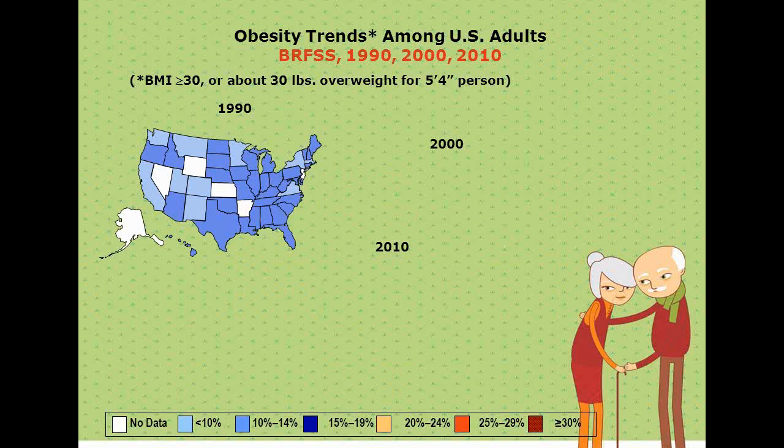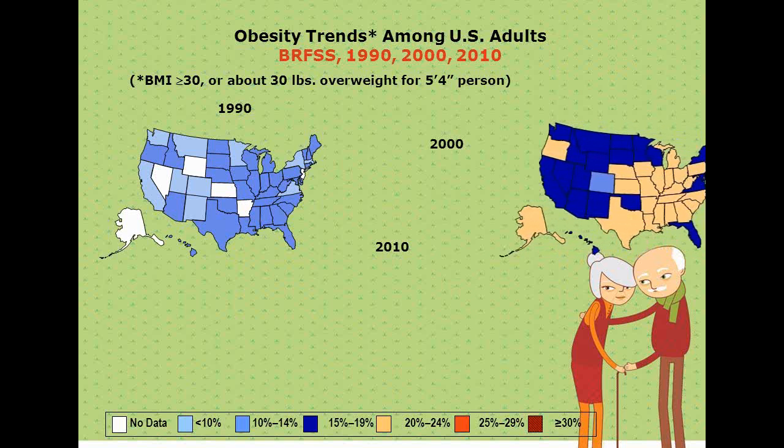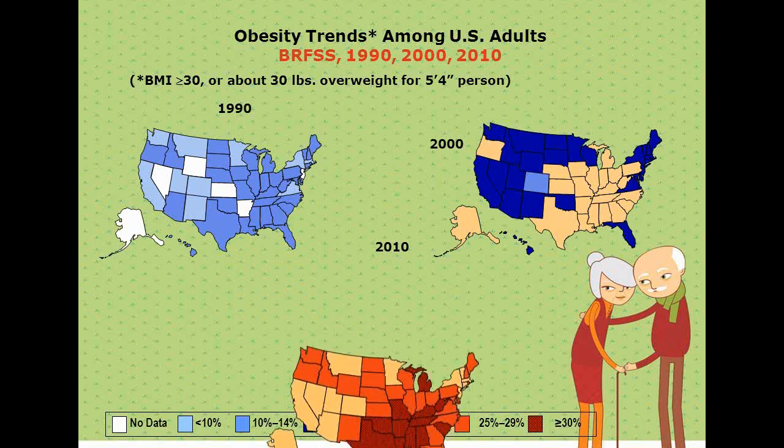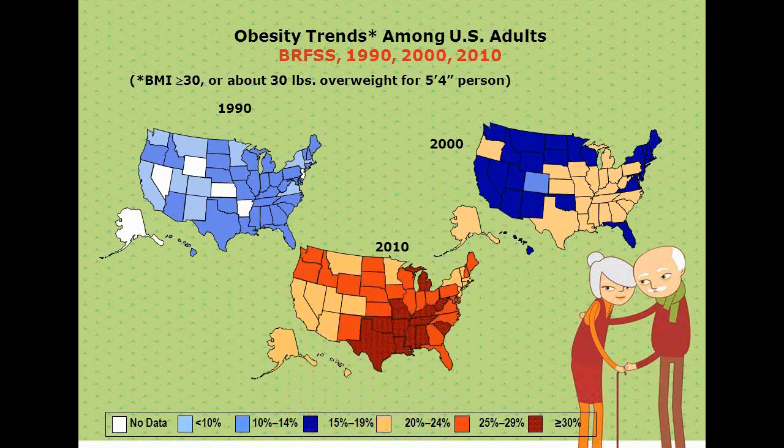As you can see here, in 1990, almost all states had less than 14% of their population suffering from obesity. But by the year 2000, only the state of Colorado had less than 14% obesity. And by the year 2010, every state is not really doing too well.